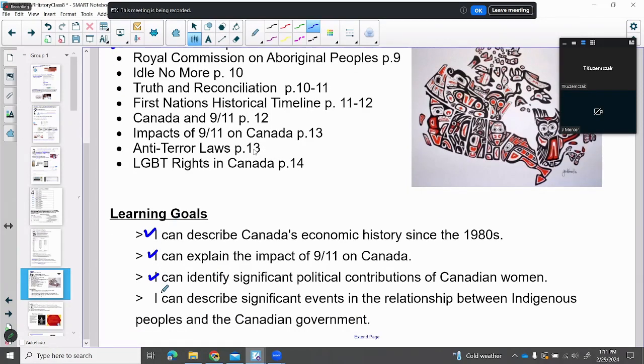And finally, I can describe significant events in the relationship between Indigenous peoples and the Canadian government. Okay, so keep these things in mind when we're looking at lesson 3.